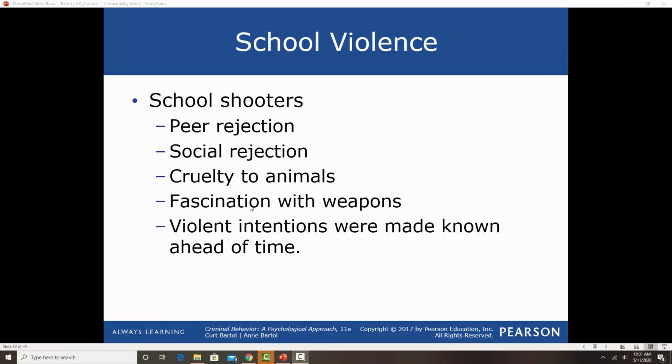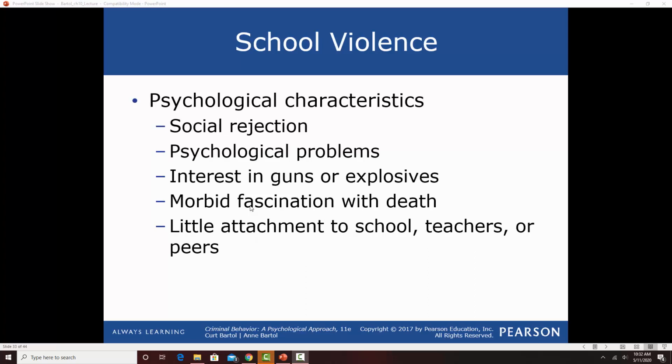There is a fascination with weapons. Most have access to weapons in the home. So maybe the parents have weapons, but there tends to be something that we see as a correlation: access to weapons in the home. Most actually somehow made their intentions known ahead of time, usually through social media. So there's usually a lot of red flags with school shooters that nobody pays attention to.